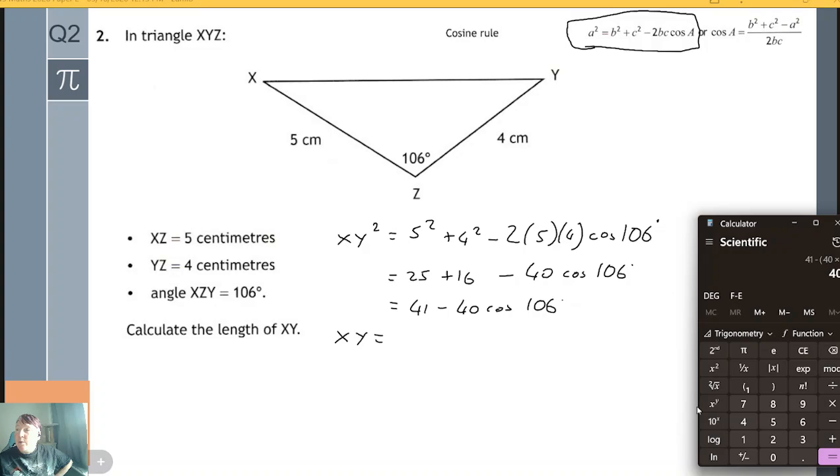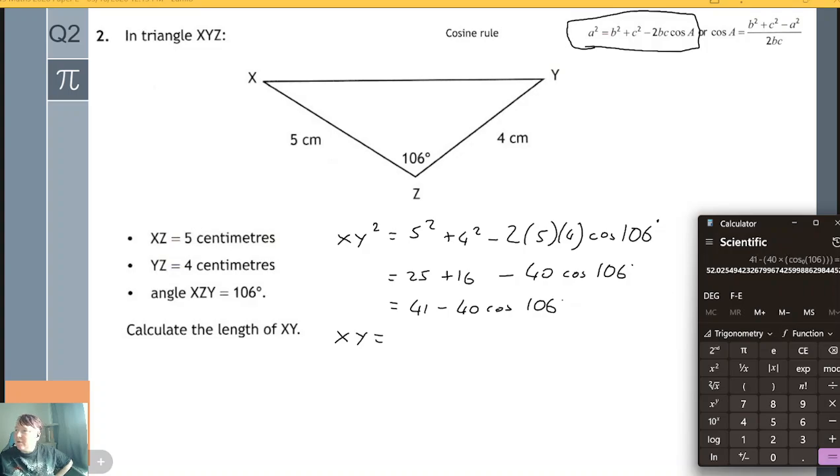You are going to do it however it works on your calculator. I have to do my operations in a tricky way. Right, so that's 1 bracket, that's 2 brackets, 1, 2, 3. Yep, I've got all 3 brackets done there.